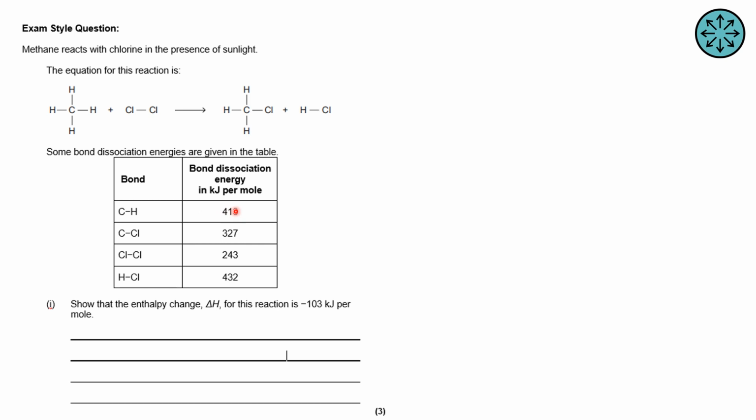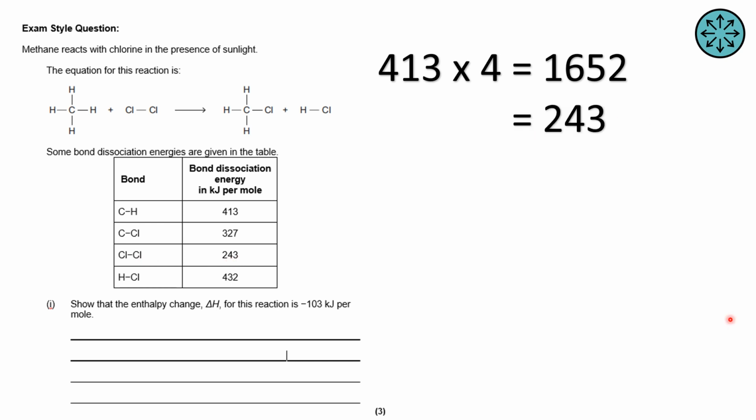So that's 4 lots of 413. So that's 1,652. Okay, and then I've got 1 chlorine to chlorine bond, which is 243. Okay, and that's it on the reactant side. So add those together, I've got 1,895 kilojoules per mole.